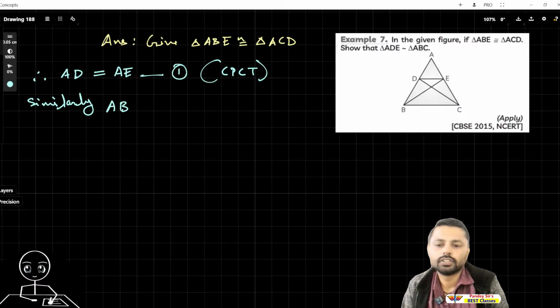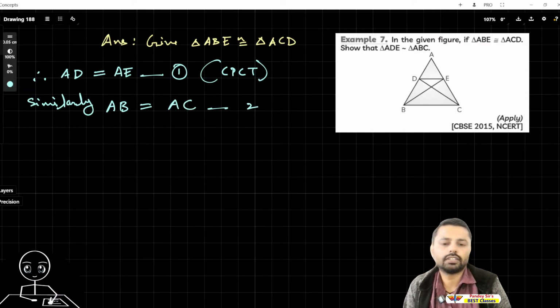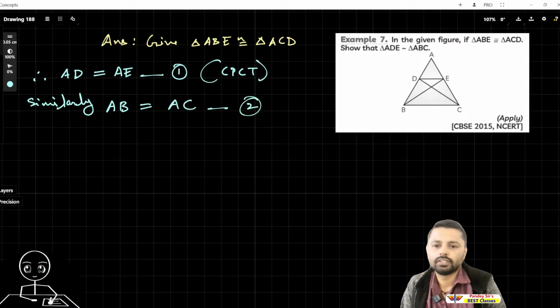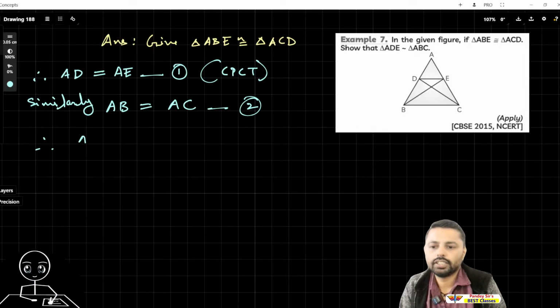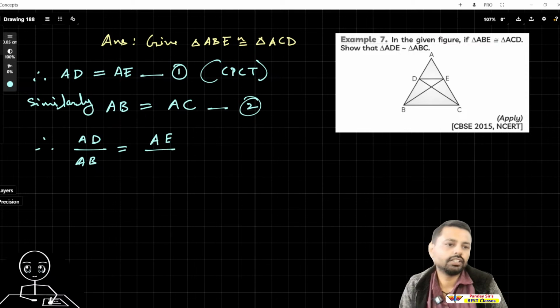AB equal to AC. Okay, that's number 2. Now, therefore, what can you write down? You can take the ratio AD by AB equal to AE by AC.